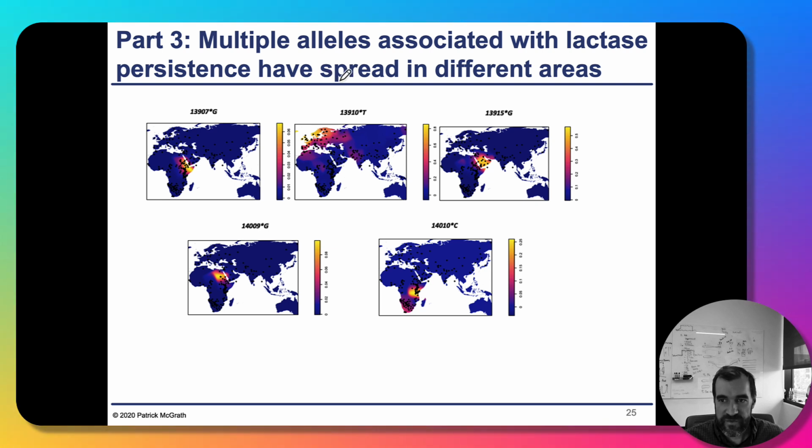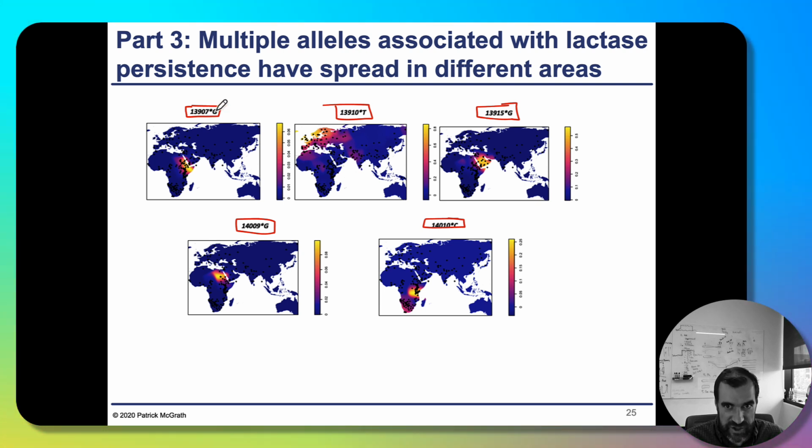A large number of studies have identified alleles that are able to confer this phenotypic effect of lactase persistence. Here are five different alleles that experimenters have evidence for with these genetic changes. This is the location within the lactase gene and the change.